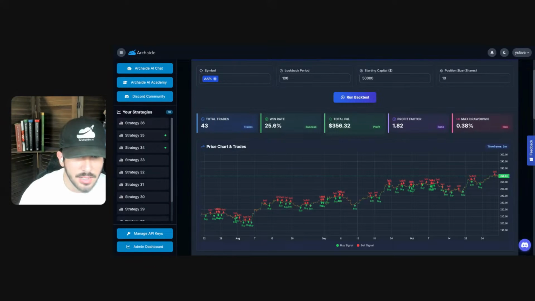Per share, we made about 16.8% profit. Keep that number in your mind. Per share, if we were to just buy and hold this thing, 212 minus 269, that's $57 profit, and we had 10 shares.